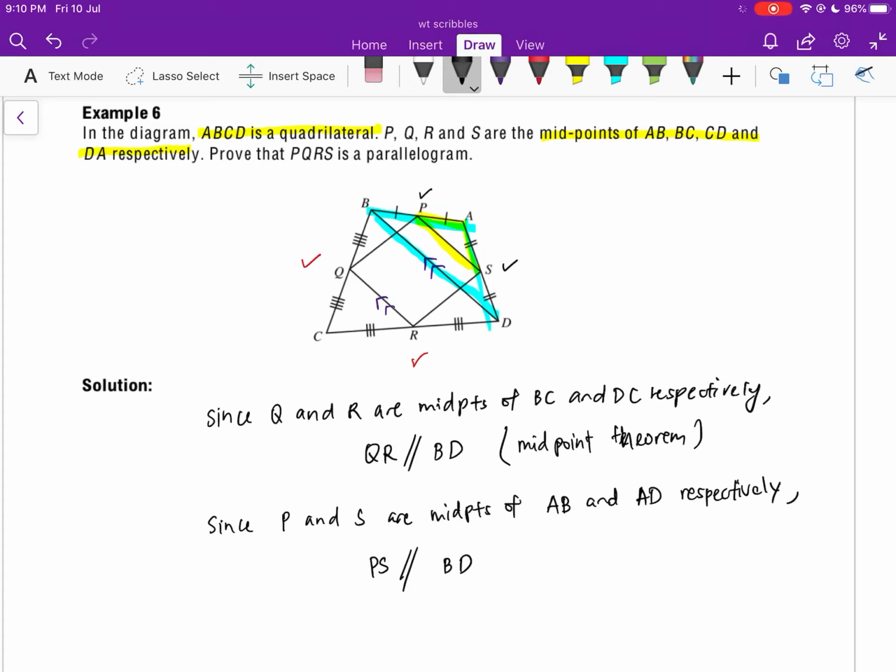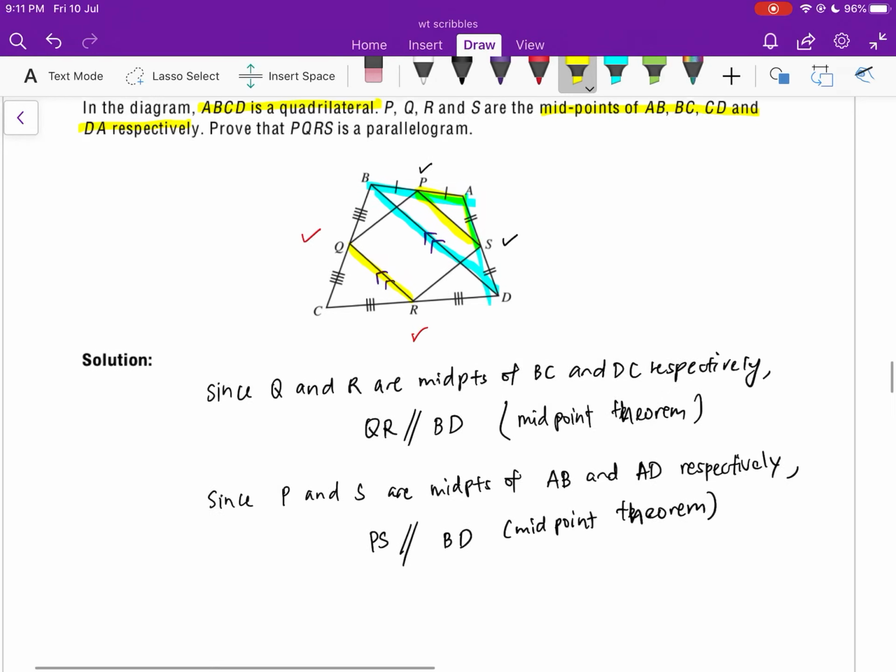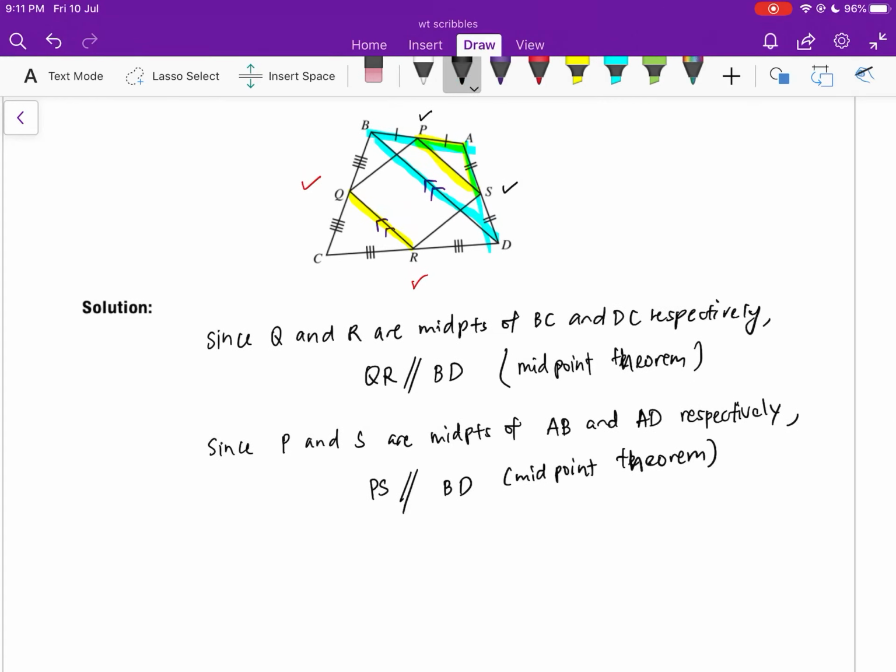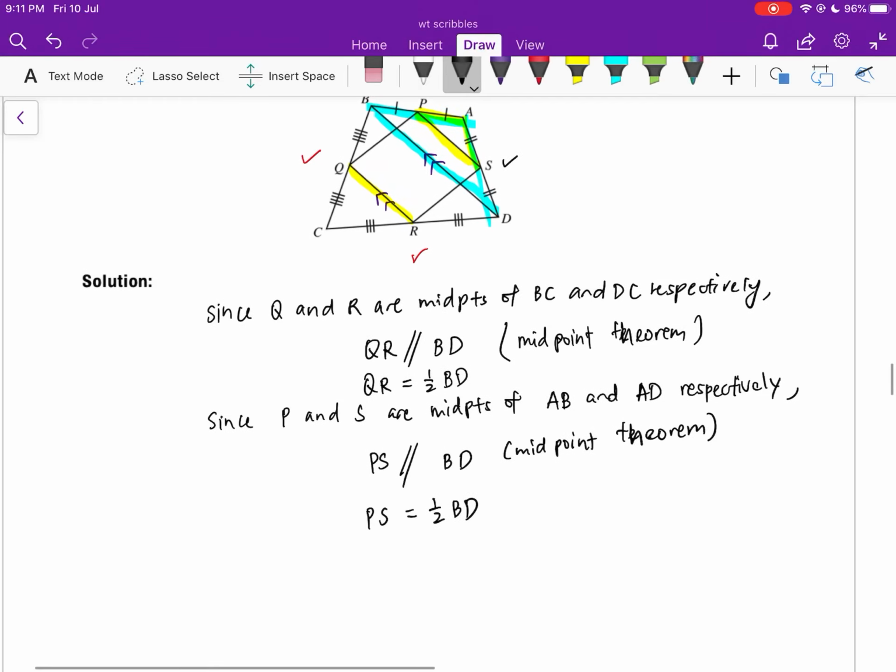On top of being parallel, midpoint theorem, what can we say about the length of these lines? What can we say about the length of PS and the length of QR? On top of being parallel, we know that QR, sorry, I need to add this on, it's actually half of the length of BD. Because the midpoint theorem tells us that it's half. And PS is also half of the length of BD.